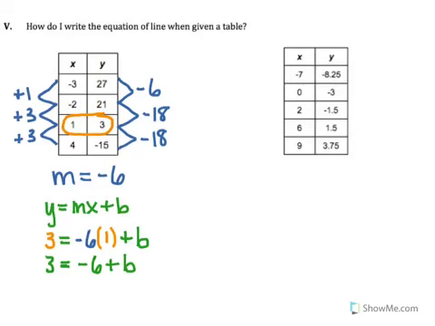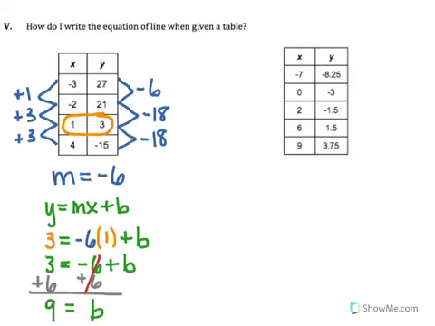In order for me to solve this, I need to add 6 on both sides. They cancel out here. So I can see that my b, or my y-intercept, is 9, because 3 plus 6 is 9.